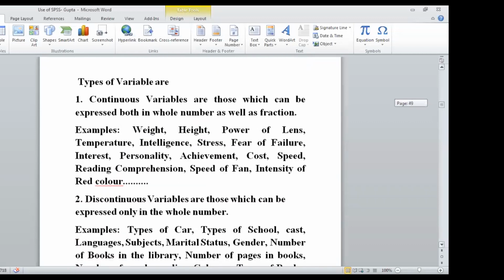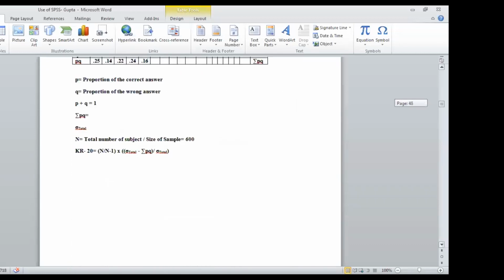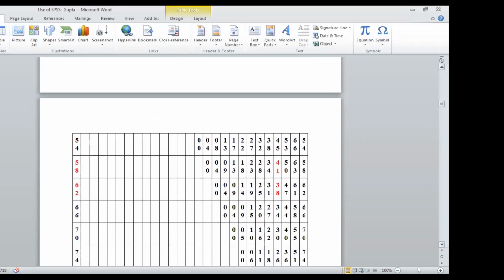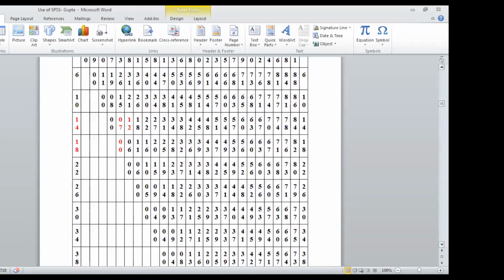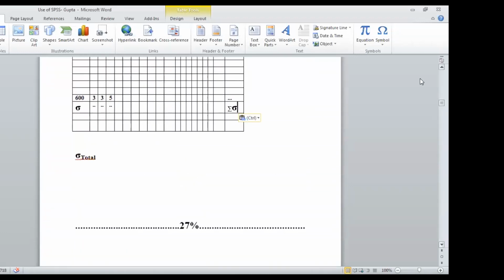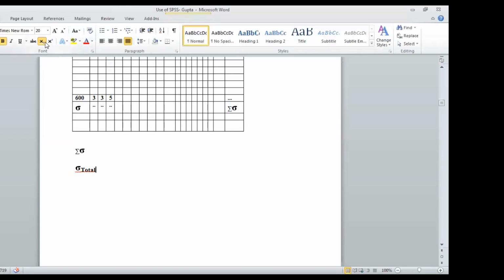You know your total number, and you know your n, the number of items.